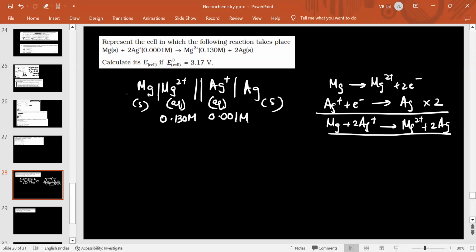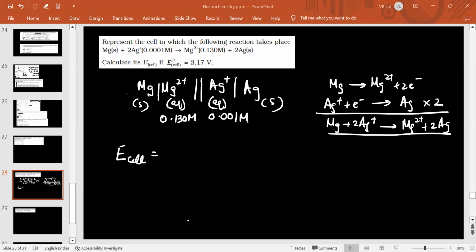Now, let us write. Who will tell me what is the Nernst equation? We'll have to use the Nernst equation, right? What is the Nernst equation? E cell is equal to... Hari Raghav, can you tell me the Nernst equation? Are you there?